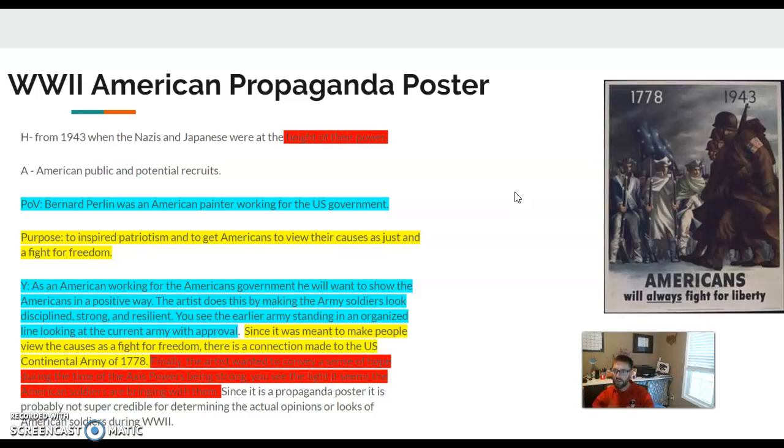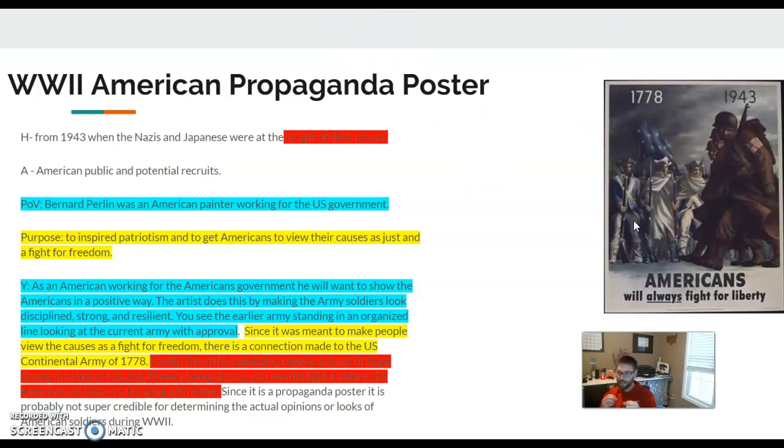Well, I said this American military looks really disciplined, really strong and resolute. I've got these soldiers in the background, kind of looking on in admiration. So that'd be a positive thing. It's meant to inspire patriotism, so it's making reference to our proud American history of the American Revolution in 1778.